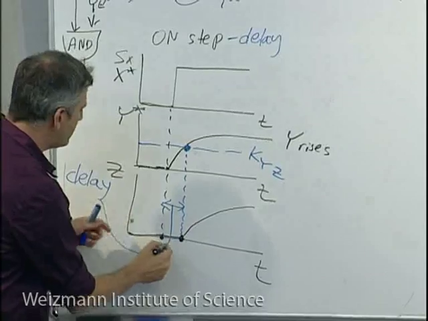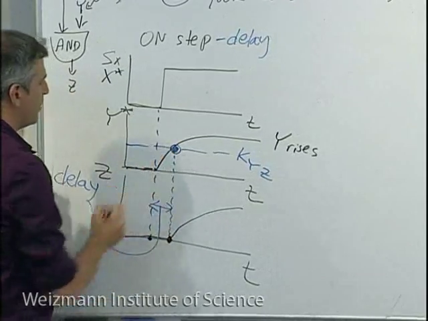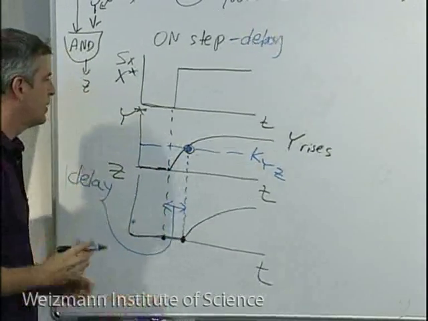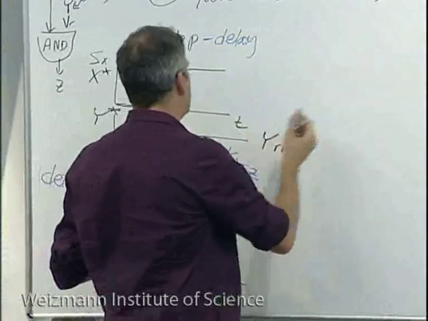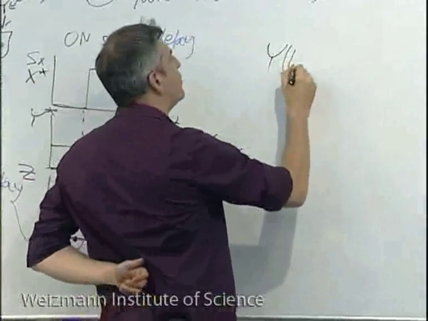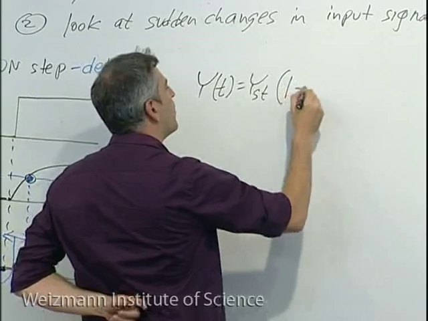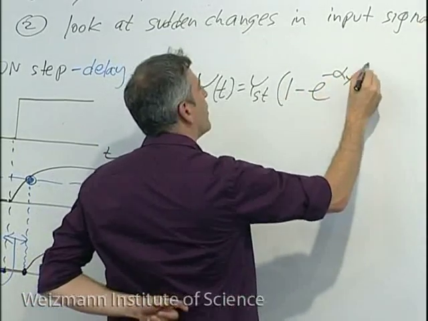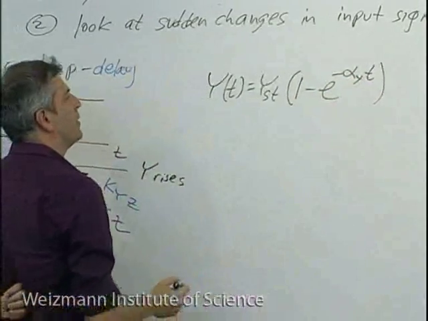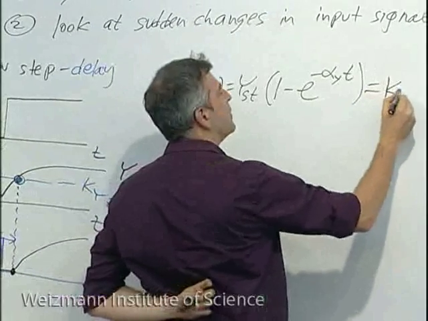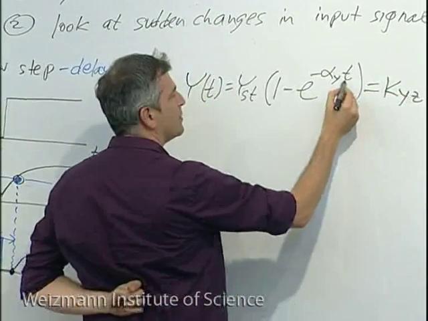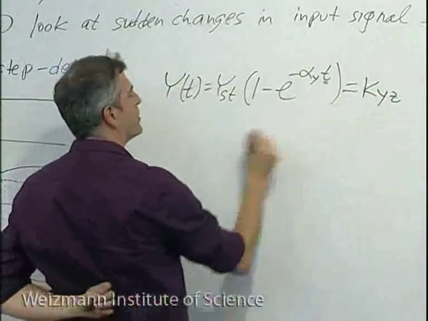The timescale of this delay, by the way: in order to find it, we notice that for Y we have our regular equation that you're familiar with. And we want to ask, where does this equal the threshold? That's this delay time, the time when it equals the threshold.